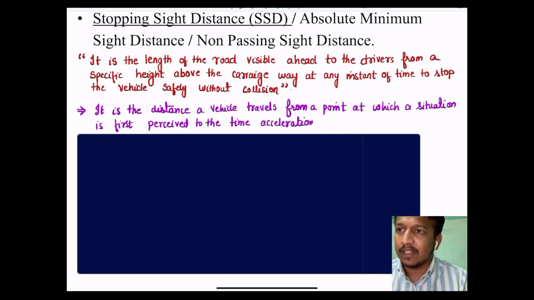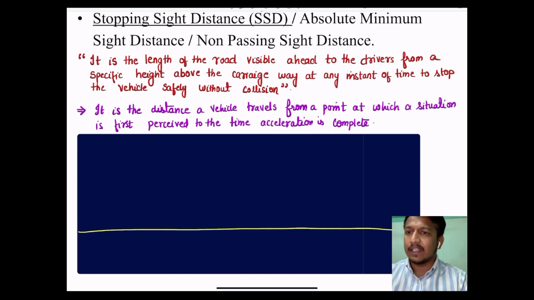It means that it is the distance a vehicle travels from where it sees the object or obstruction until the vehicle completes its deceleration. It means that the vehicle is stopping.